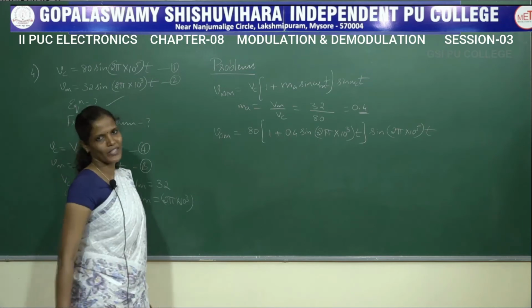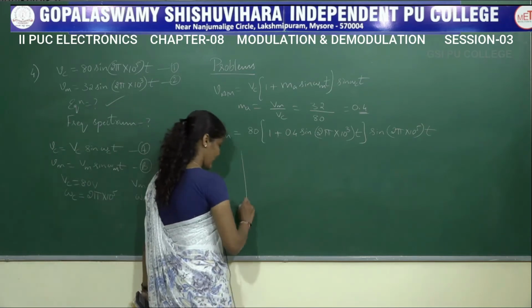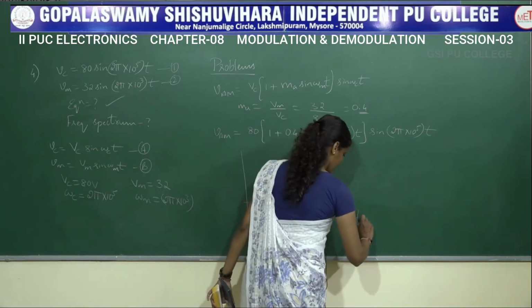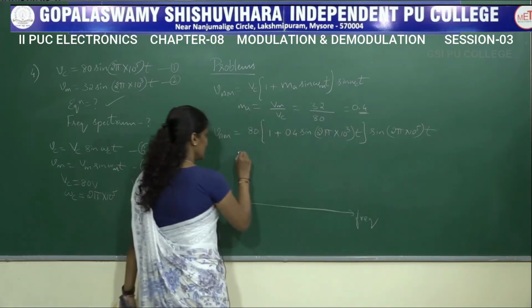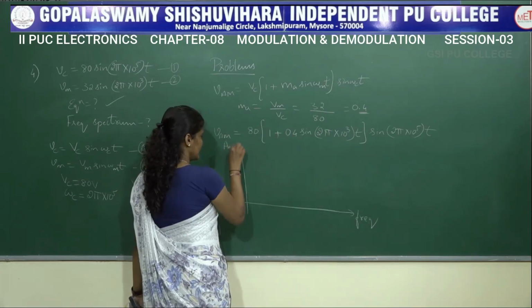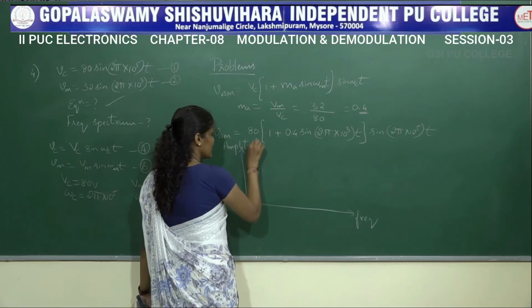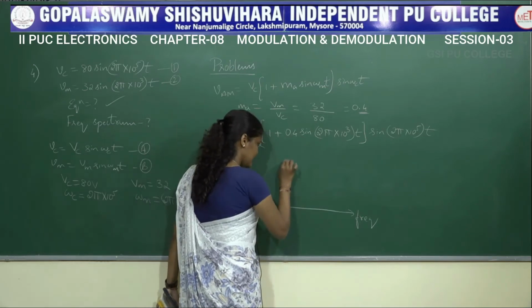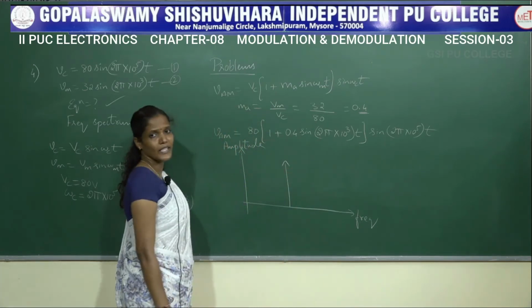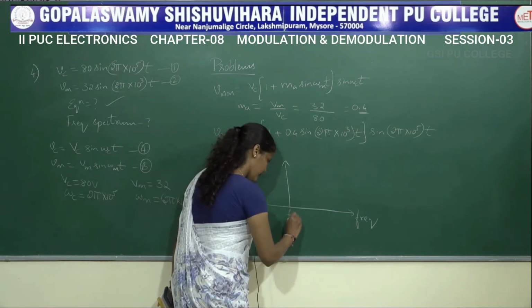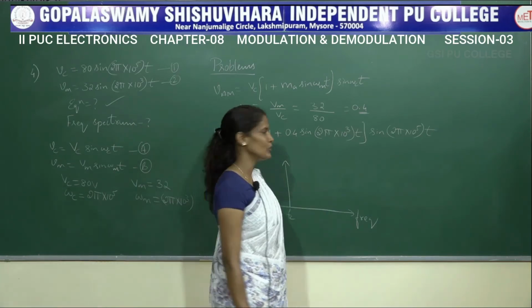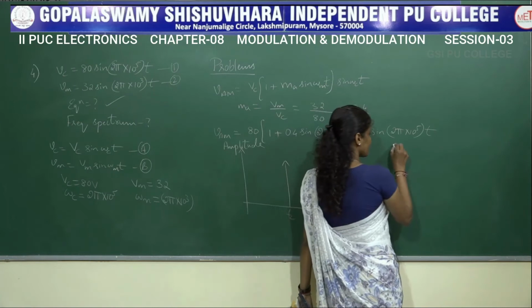Next, draw the frequency spectrum. This is the frequency axis and this is the amplitude axis. I will have 3 different lines. This is the frequency of the carrier signal fc, and we need to find its value. Omega c equals 2 pi fc.